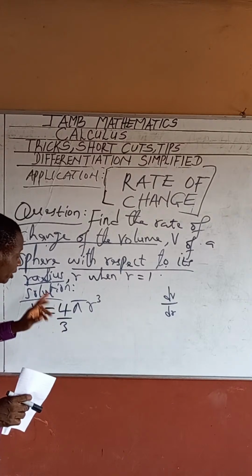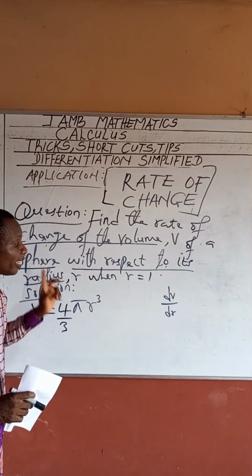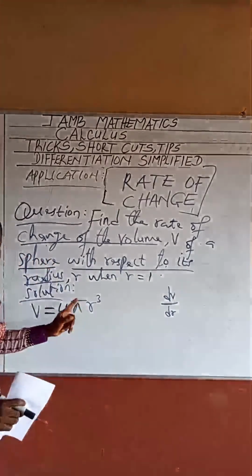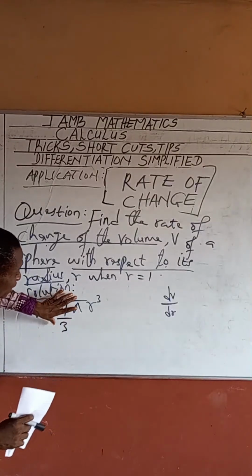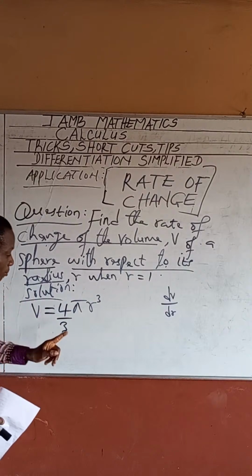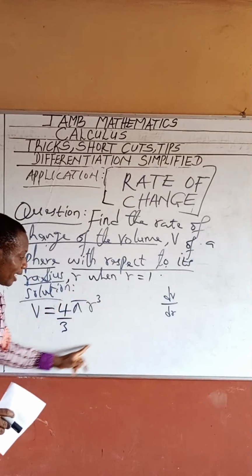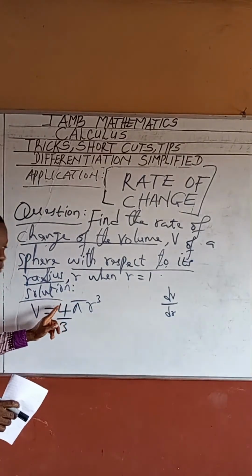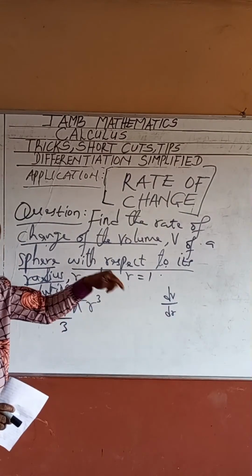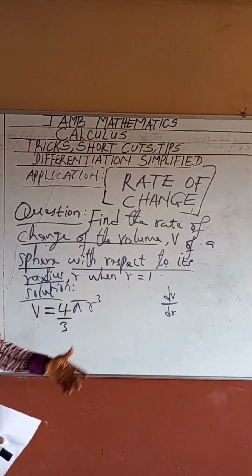This is the formula for the volume of a sphere. If it's a hemisphere, divide by 2, so it is 2/3 πr³. You can try that for the hemisphere.